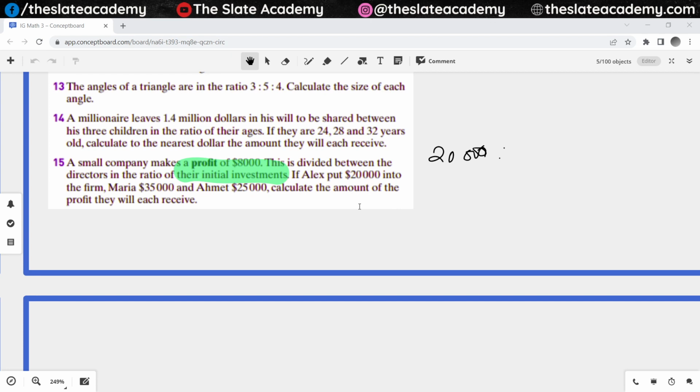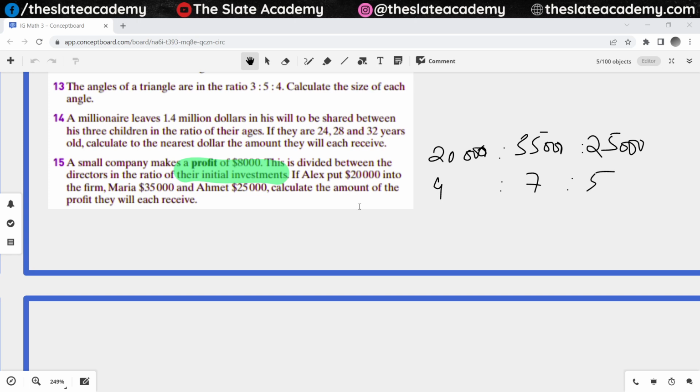What's the investment of second person? Quickly. 35,000 and then 25,000. If I want to reduce it to a simpler number, I can divide it by 5,000. So the first one will become 4 ratio 7 ratio 5, right?